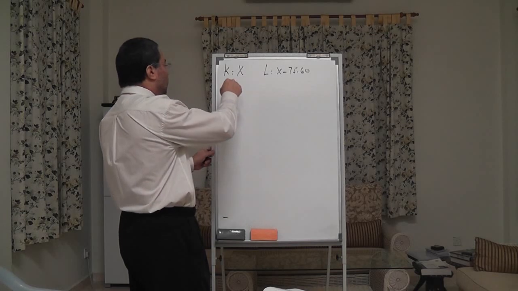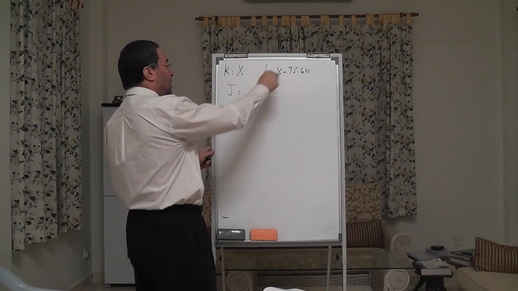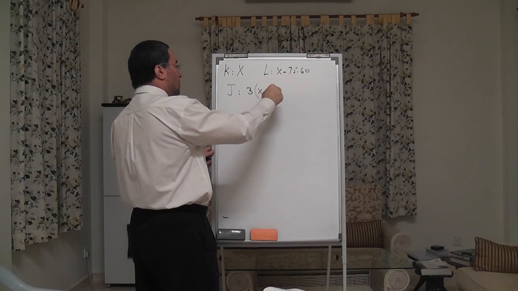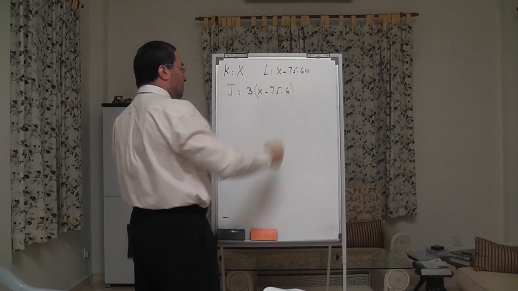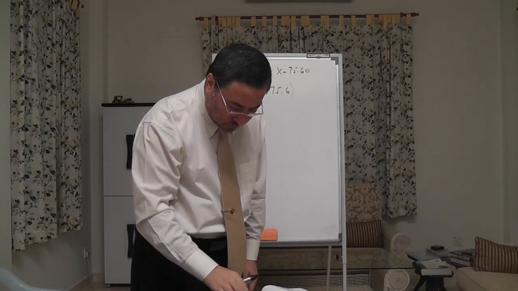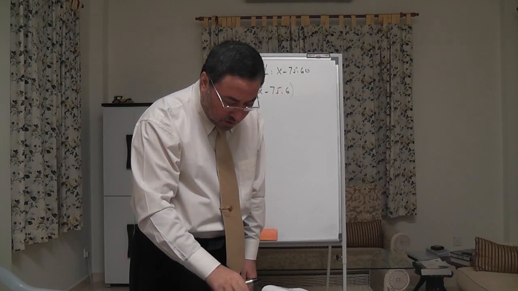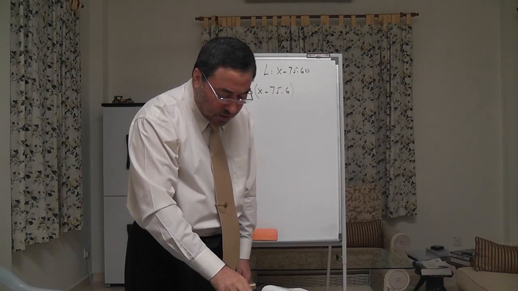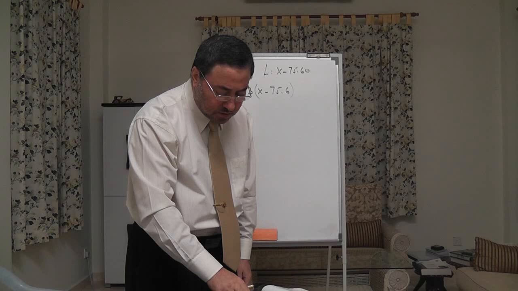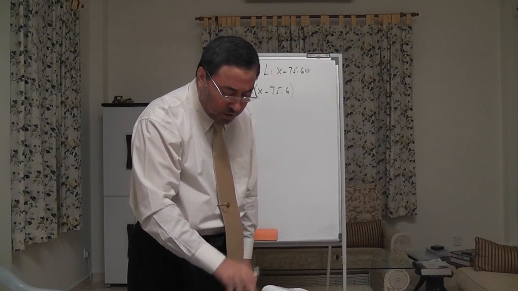So Jan is 3 times this. Now Jan has 113.10 more than Lucia and Ken together.